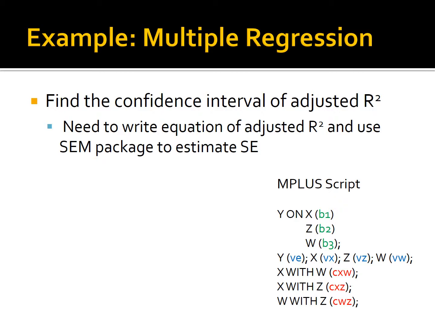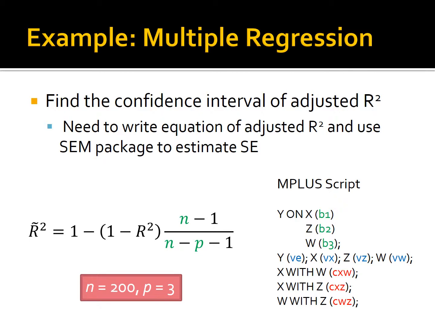The variance of the error term is ve. Variance of x is vx, variance of z is vz, and variance of w is vw, as well as the covariances of predictors. Adjusted R-square can be calculated by this formula. So we need to know n and p, right?